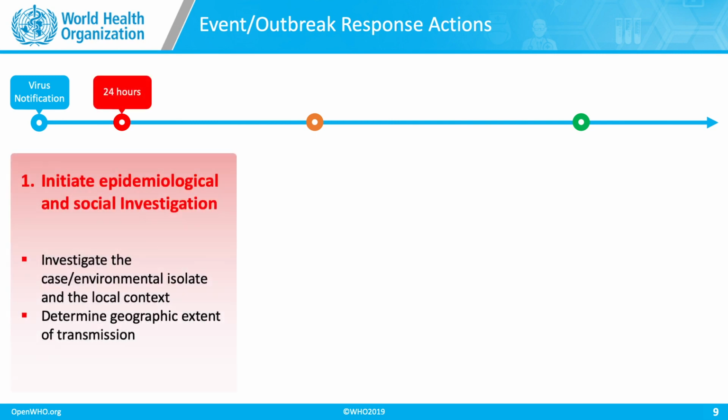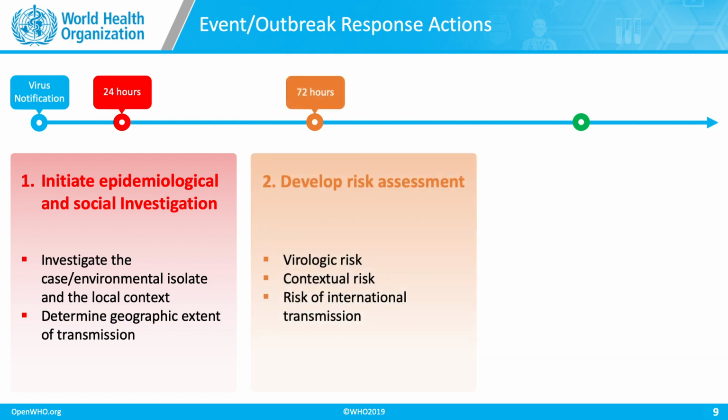Within 24 hours of a virus notification, an epidemiological and social investigation should be completed. This should examine the case or environmental isolate, the local context, and determine the geographic extent of transmission. Within 72 hours of virus notification, a detailed risk assessment should be prepared. It should outline the virologic risk and the risk of international transmission.